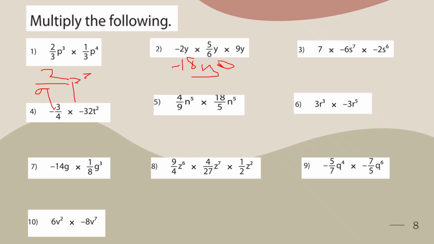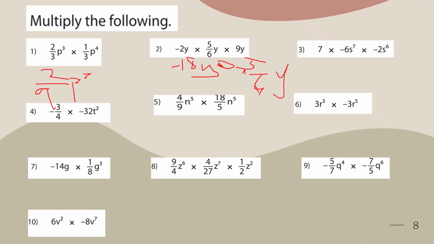Then times 5, 9 over 6y. Okay, 18 times 5, or we can divide first the 18 and 6.